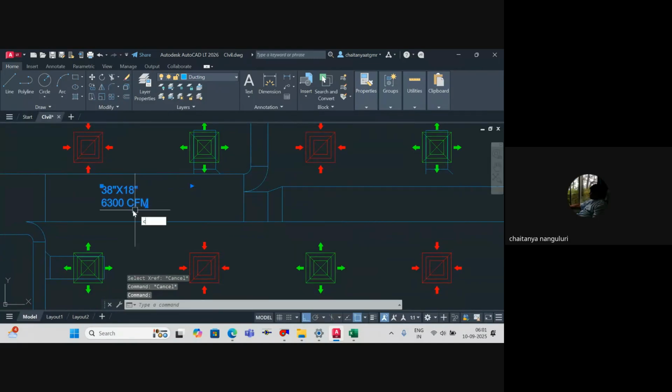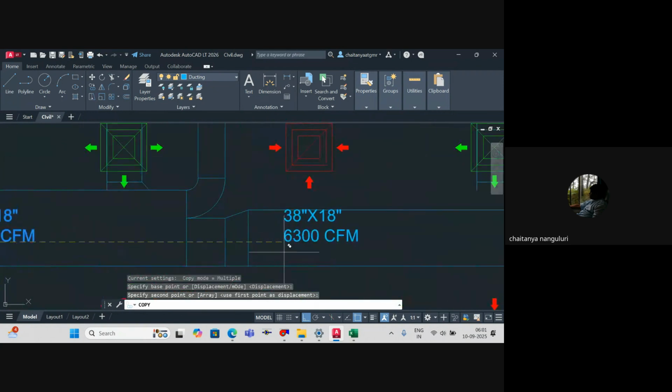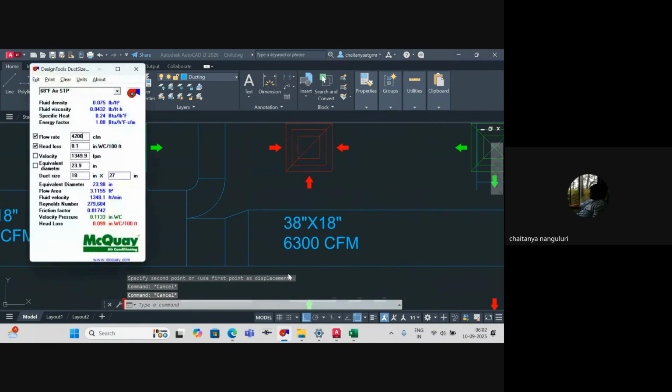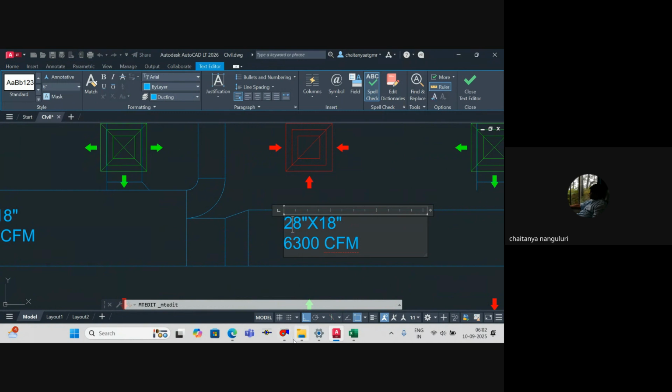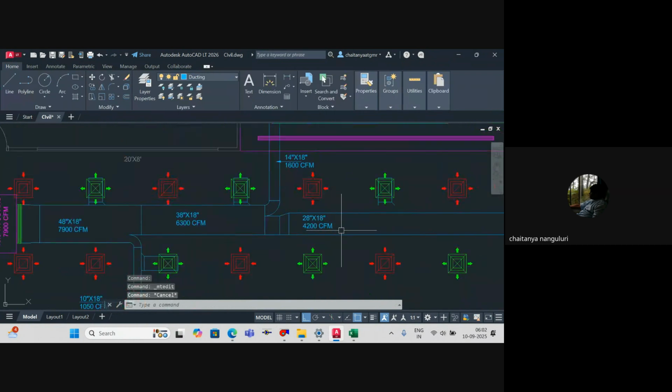So here I'll take this particular flow rate. So what is this particular one we have got? 28 inches by... the flow rate is 4,200, no? Sorry. So this is 4,200 CFM.